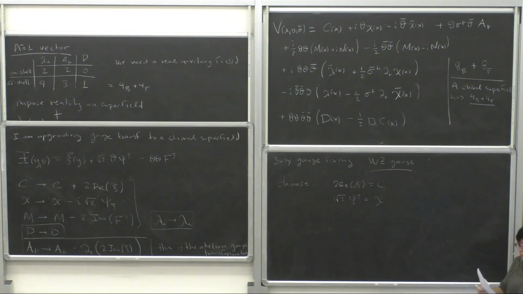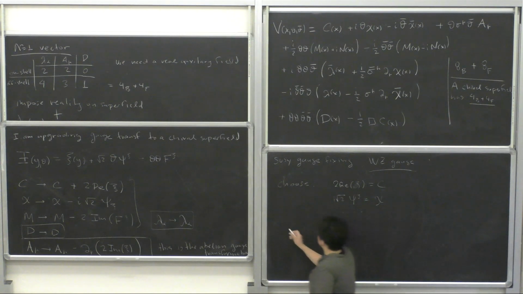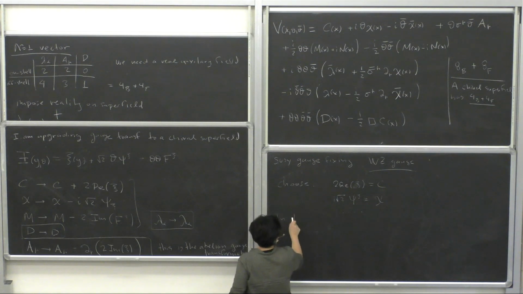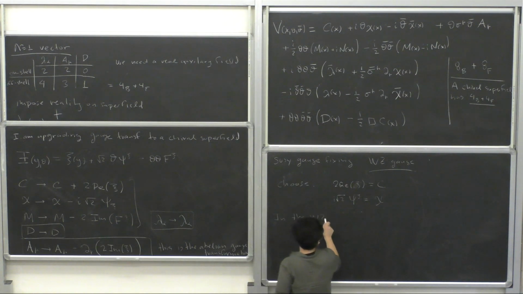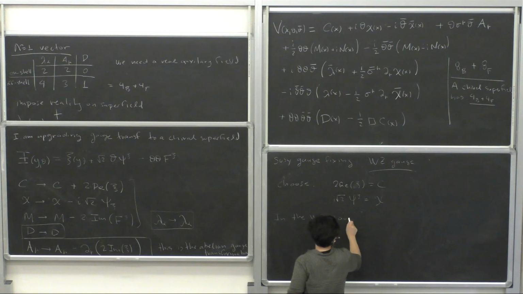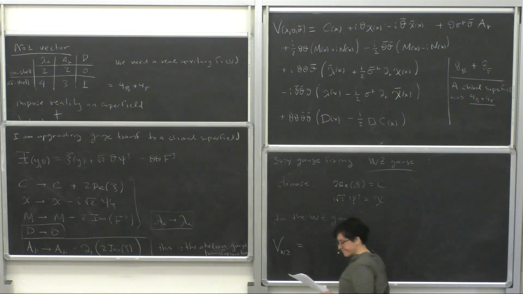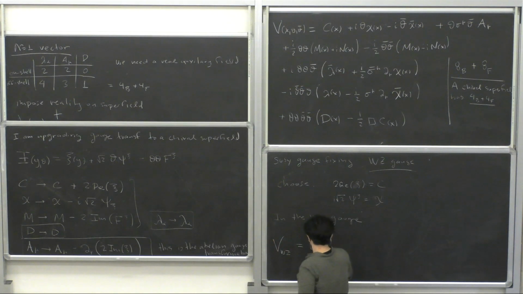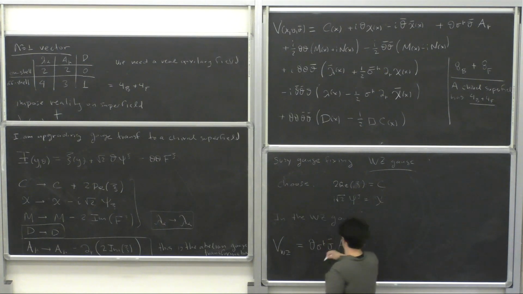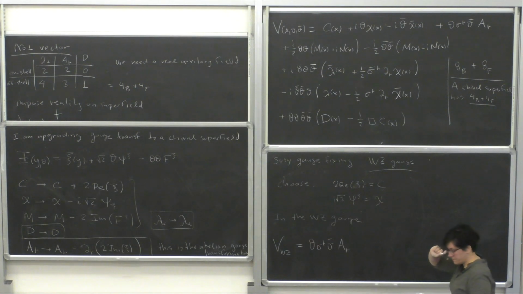And what you are left with in the Wess-Zumino gauge, V becomes very, very simple. It starts with this term, because all the previous junk is gone.